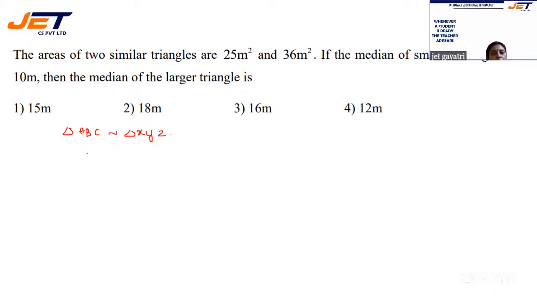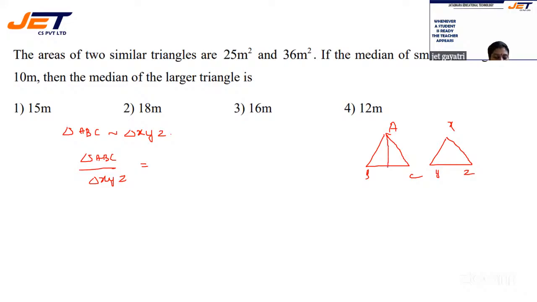So triangle ABC by triangle XYZ is equal to ABC by XYZ. Here we take AD as the median, and in the other triangle it is XW.